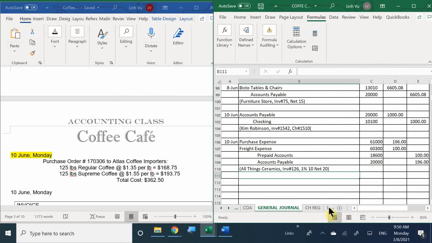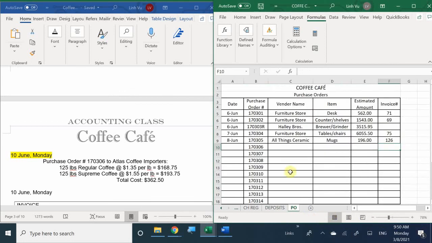So I'm going to go to my purchase orders real quick, June 10. Order number 17306. Who did I make an order to? Atlas Coffee Importers. And what did I buy from them?